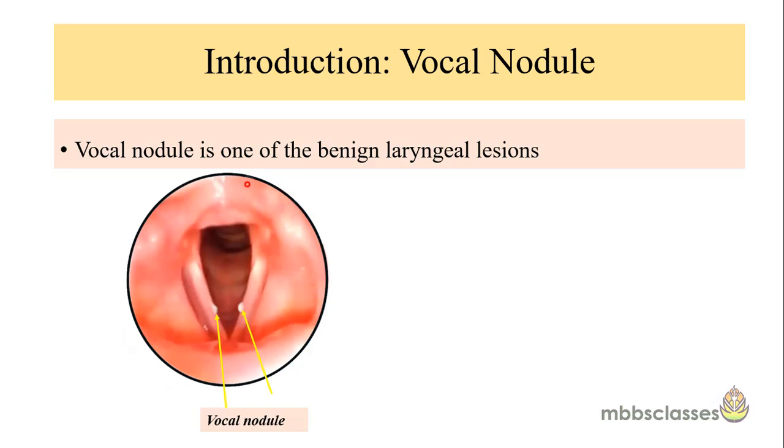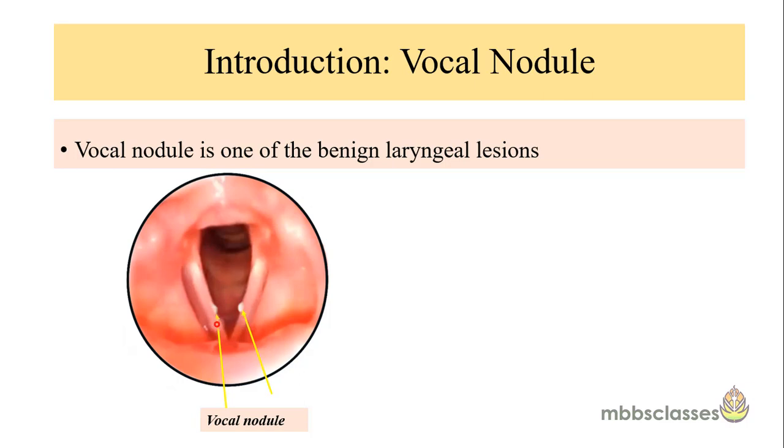So you can see here, this is a laryngoscopic image showing the vocal cords, and you can see here bilateral whitish colored nodules over the vocal cord. For describing the type and the location, we divide the vocal cords into three equal parts. So this will be the anterior one third, this will be the middle third, and this will be the posterior third.